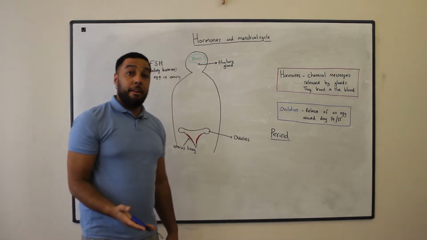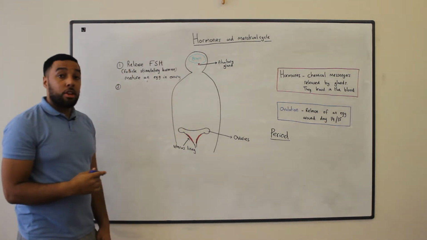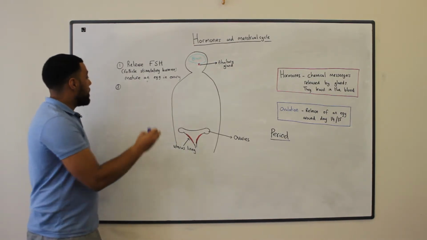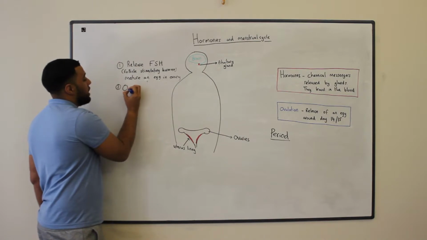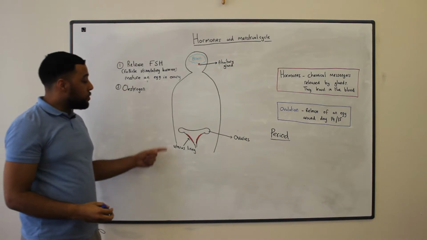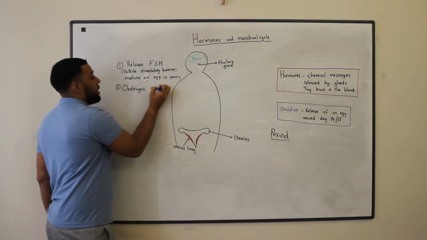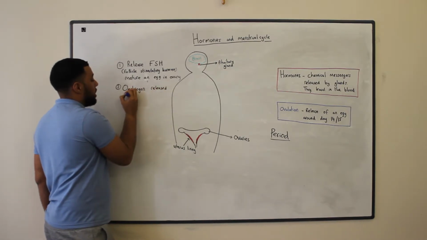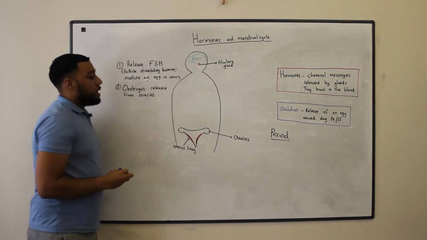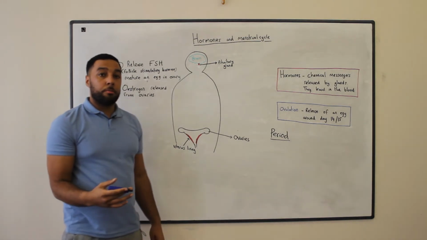As the levels of FSH increase in the bloodstream, that stimulates another hormone to be released or secreted. And this hormone is called estrogen. Estrogen is released from the ovaries. And estrogen has two main roles.